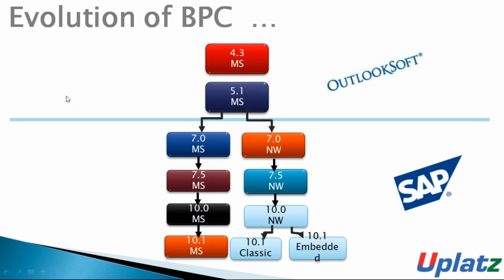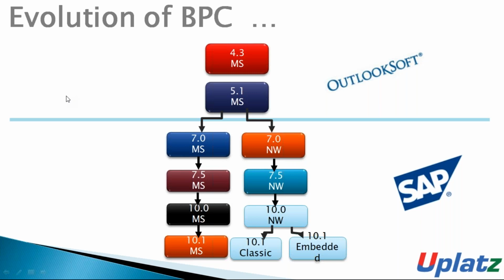So this is the total evolution of BPC from OutlookSoft to SAP acquired and MS version to NetWeaver. And the difference between Microsoft and NetWeaver versions, as I said, is only the application layer, and the client layer remains same. All the processing, everything remains same, and there is a concept of script logics.